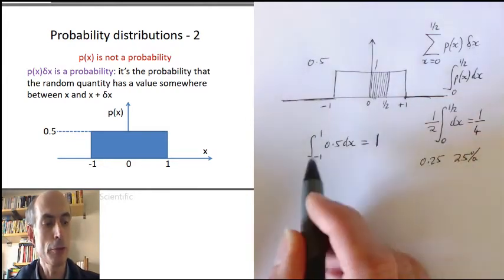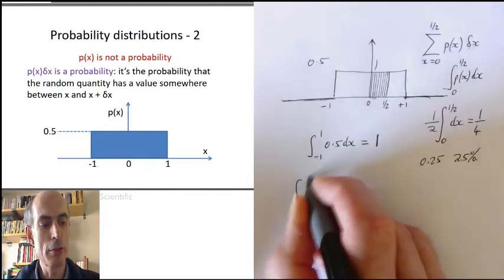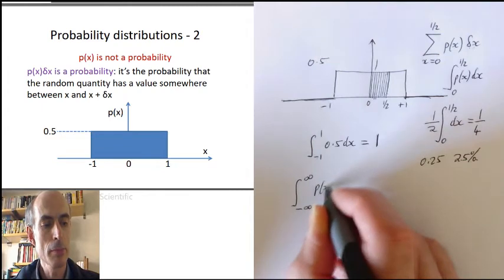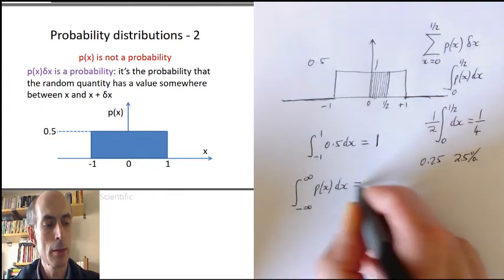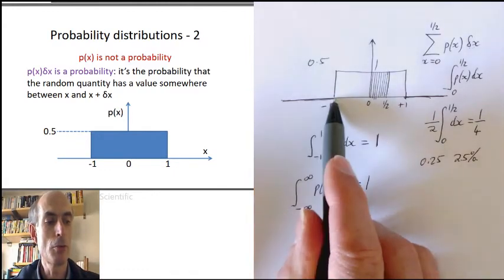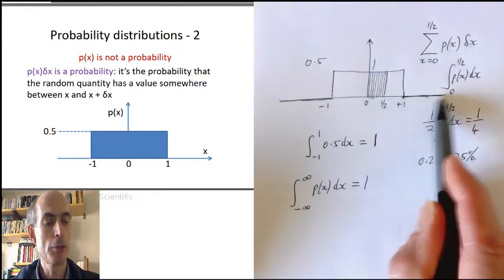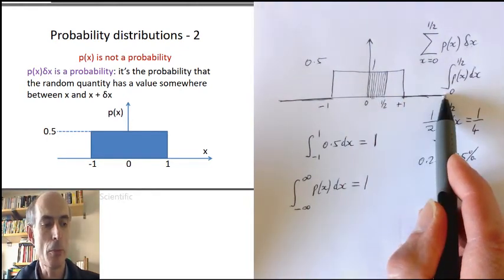So the integral from -1 to 1 is actually equal to the integral from -infinity to infinity, since from -infinity to -1 everything is just 0, and from 1 to +infinity everything is just 0.